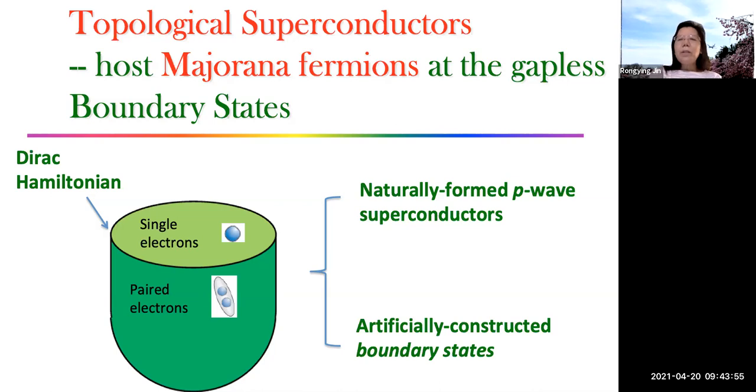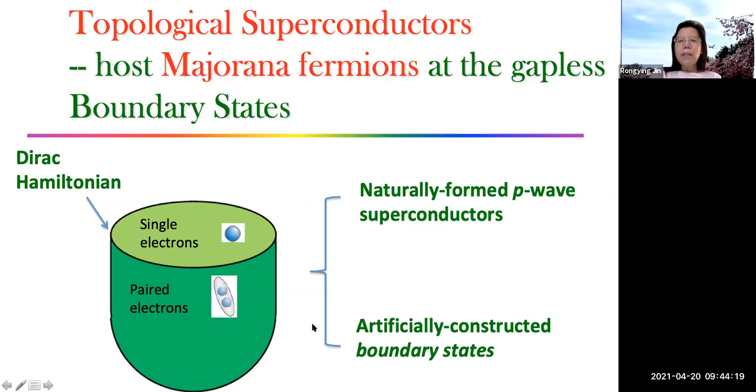In order to have this kind of state or hosting material, it can be a naturally formed superconductor, but it requires a special pairing mechanism, so-called spin triplet, or in short, p-wave superconductors.